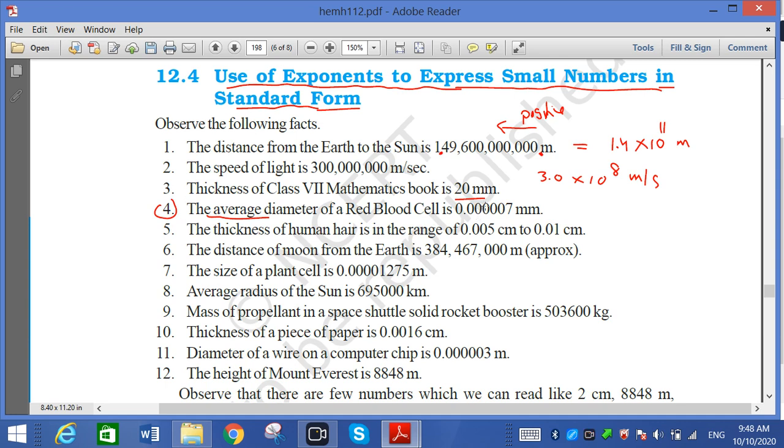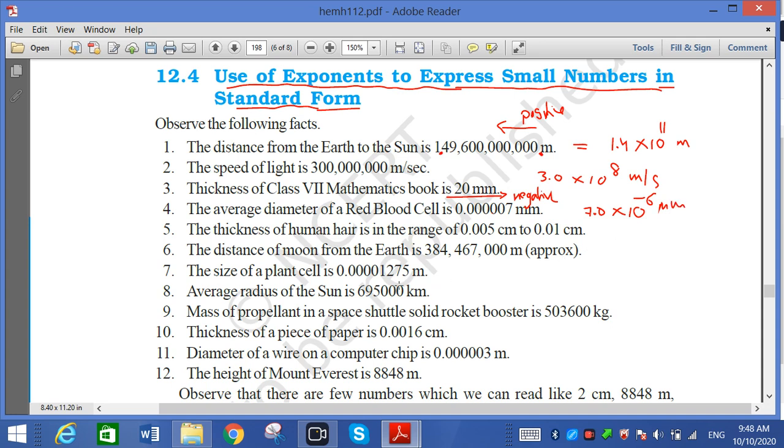When we are shifting the decimal point from right to left, here always the power is negative. Always. See 1, 2, 3, 4, 5 and 6. So 7.0 multiplied by 10 to the power minus 6 mm.